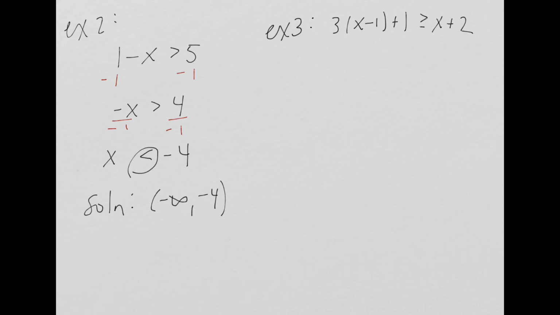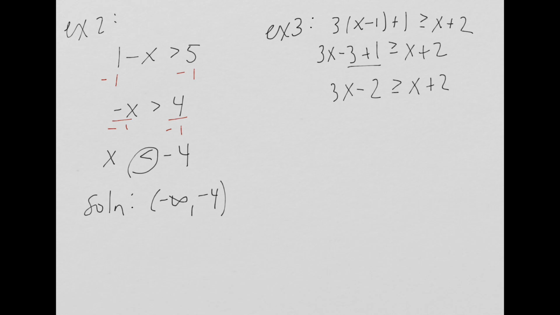So if this was just an equal sign, probably what you would do first is distribute that 3. So 3x minus 3 plus 1 greater than or equal to x plus 2. Then you would simplify the negative 3 and the 1. So 3x minus 2 greater than or equal to x plus 2. Where's my variable?